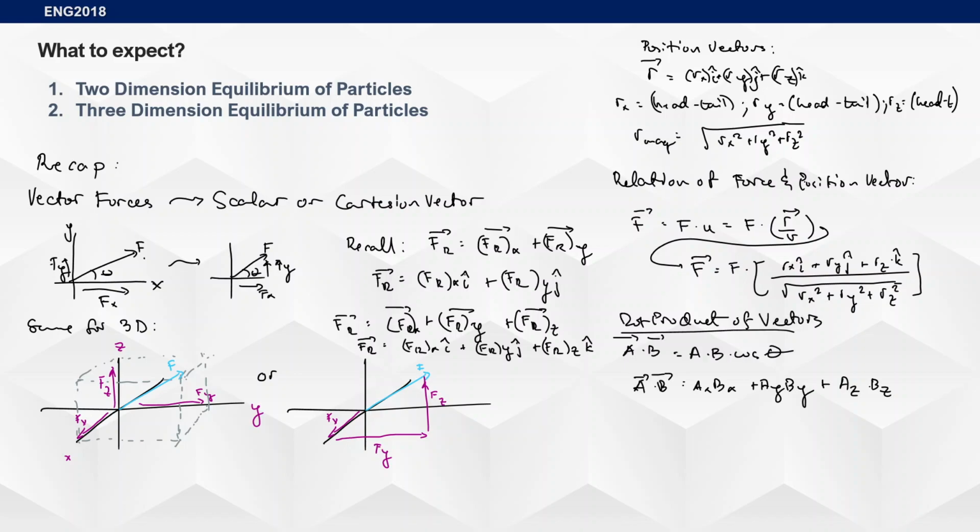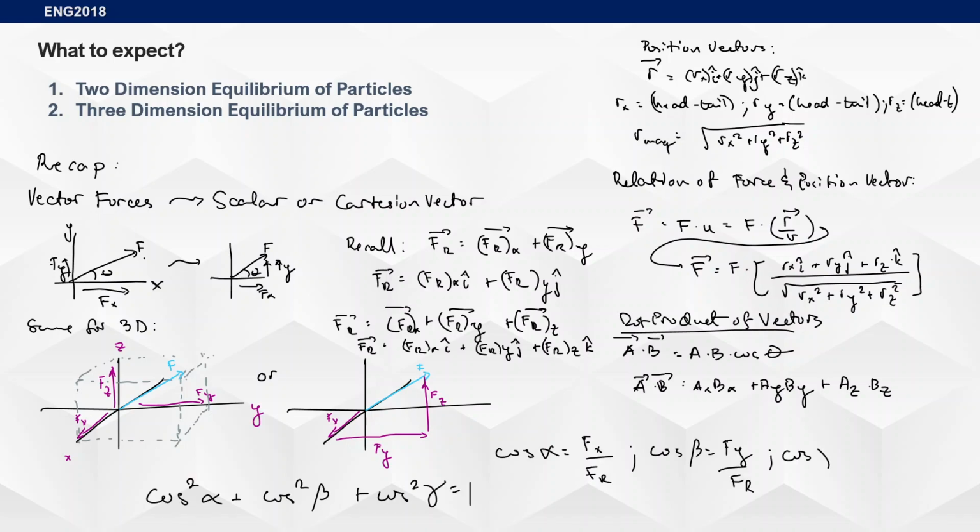And of course, finally, the dot product. We just recently solved this in our previous lecture, where the dot product of two force vectors is equal to the product of their magnitudes and cosine theta, and it can also be written in this format, where you take the products of the respective x, y, z components of force vectors A and B, and then sum all three.